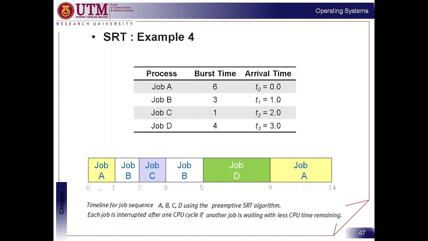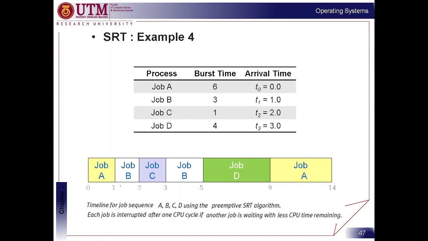So for this example, at time 0, job A will be available because the arrival time is 0, and only this process is available. So we will execute job A for 1 unit of time, because next we will see which processes are available at the same time, and we will compare the burst time.